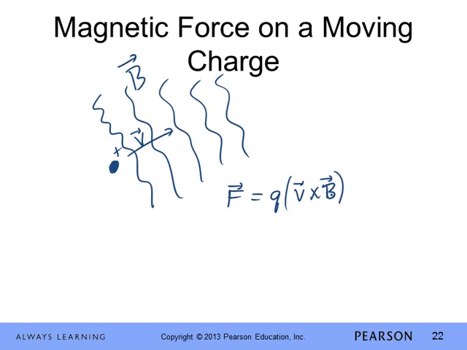So there's another application of the cross product. So if we have our particle moving in this direction, and suppose that the magnetic field is pointing up.